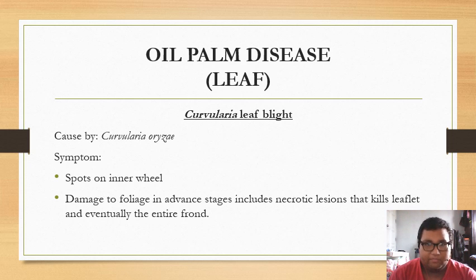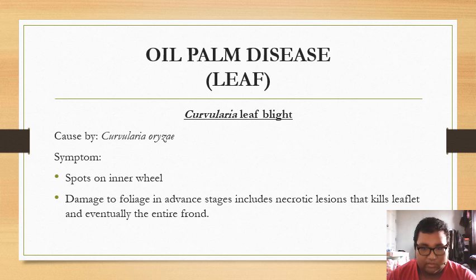So for oil palm disease, I choose Curvularia leaf blight. This disease is caused by Curvularia oryzae, and the symptoms are spots on the inner whorl, on young leaves, damage to foliage in advanced stage, including necrotic lesions that kill leaflets and eventually kill the entire frond.